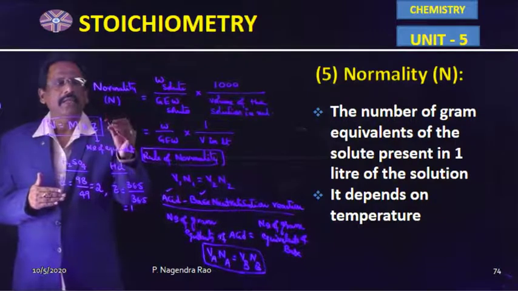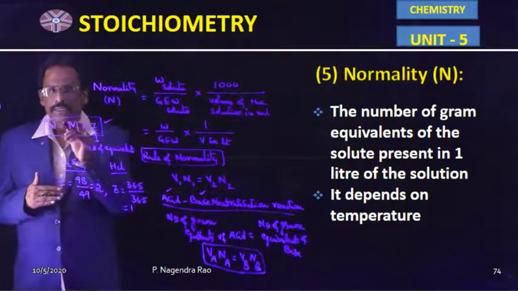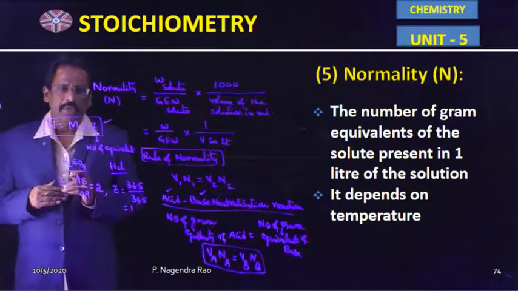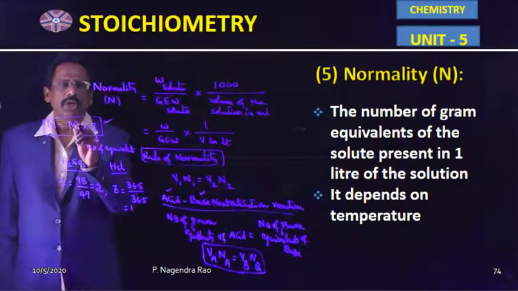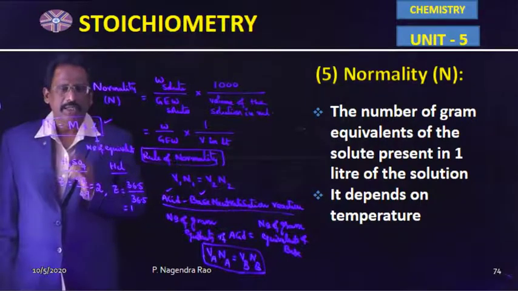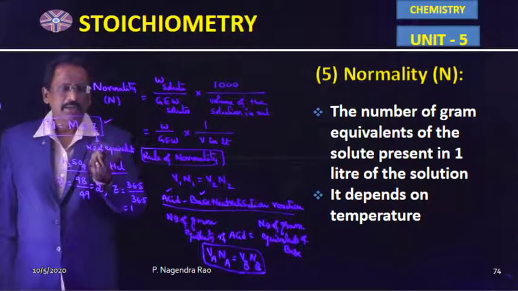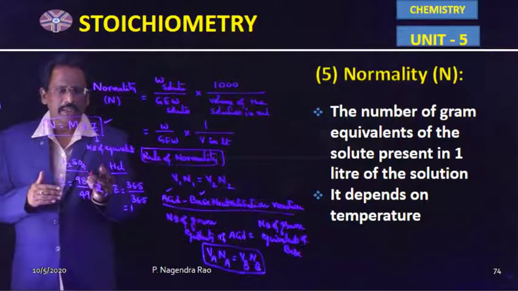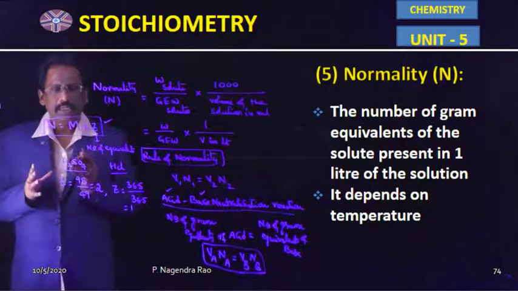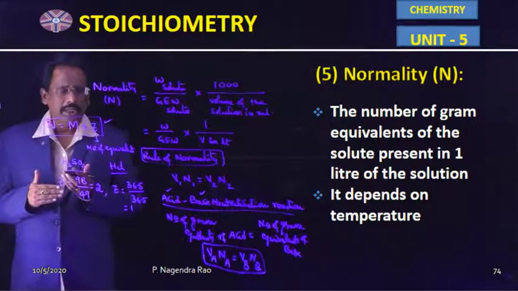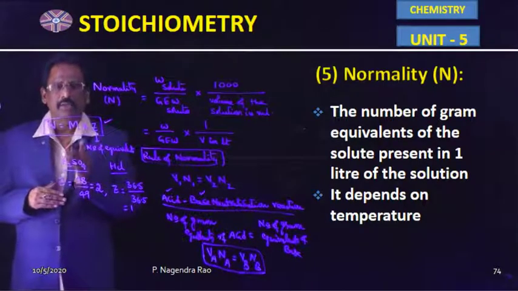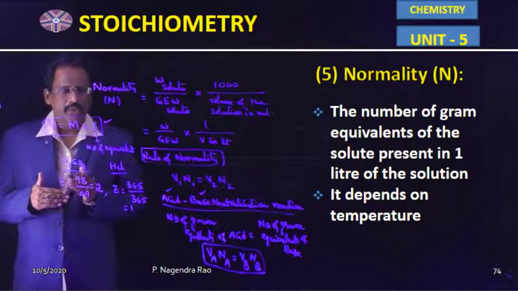Very, very important relationship between normality and molarity of the solution: normality of any solution is equal to molarity into capital Z. The formula used to calculate Z value is molecular weight divided by equivalent weight of that given substance. So that Z value into molarity of the solution is equal to normality of the solution.